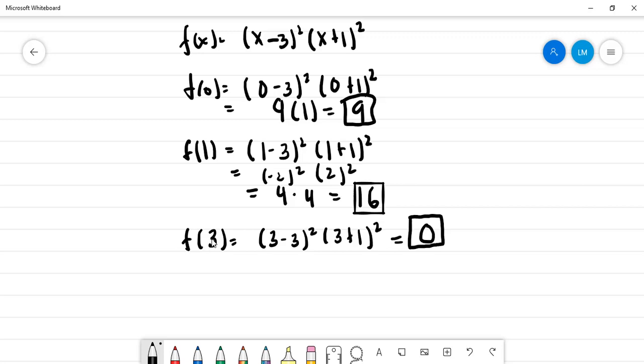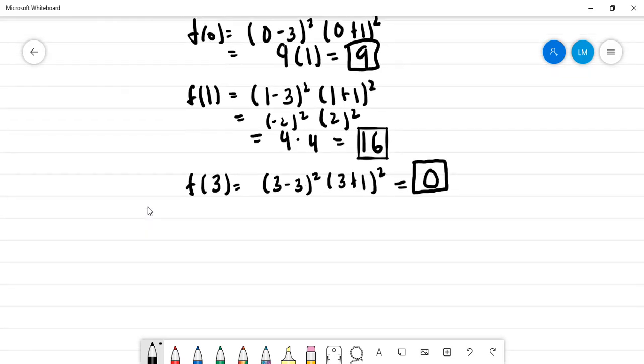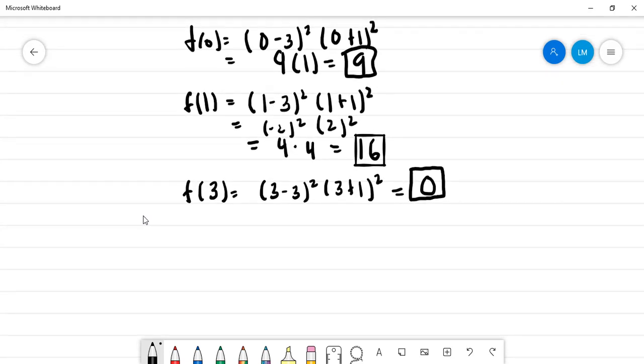Okay, so my last value that I need to check is f of 4. If we plug in our value into f, we have f of 4 equals 4 minus 3 squared multiplied by 4 plus 1 squared, and this is going to give me 25, because we have 1 and then 5 squared, so that's going to be 25.